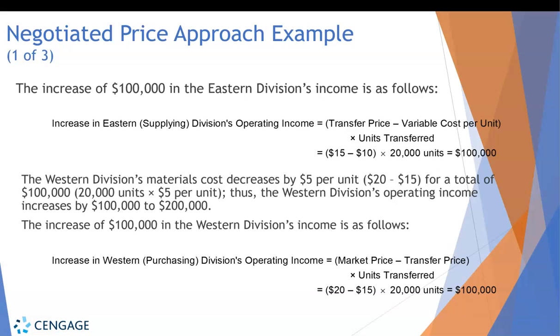The Western Division's material cost decreases by $5, so it goes from $20 now to $15 on the 20,000 units. So the Western Division's operating income also increases. The increase of $100,000 in the Western Division is shown because the transfer price is less than the market price that they're currently paying.